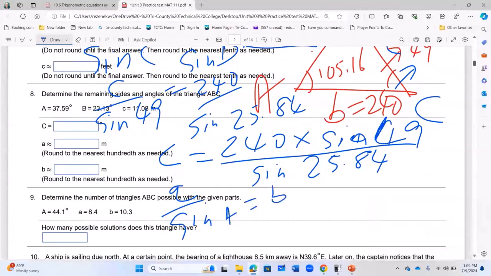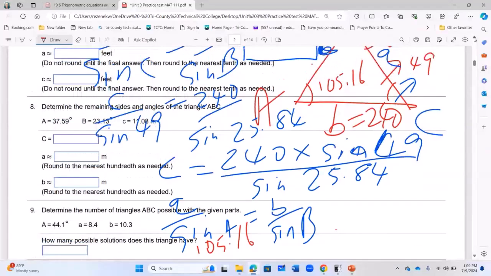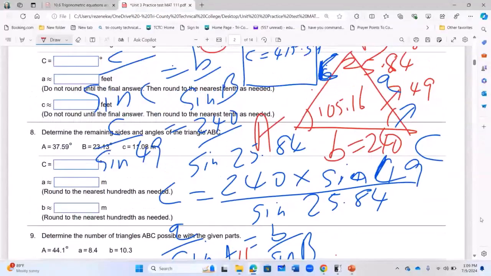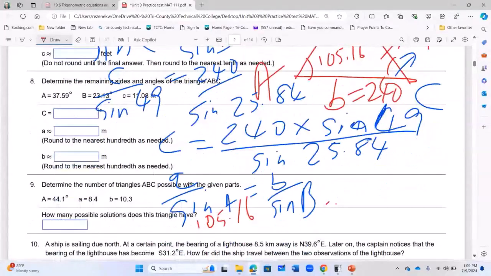The sine A given to me, sine A is 105.16. And sine B is 25.84, and this is 240.